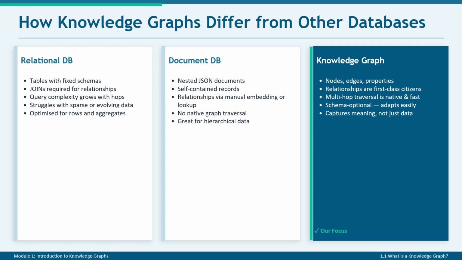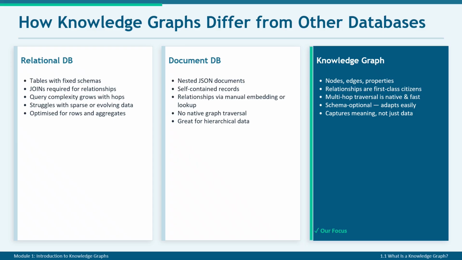Document databases, think MongoDB, solve the schema rigidity problem by using nested JSON documents. They are great for hierarchical, self-contained records, but relationships between documents are still secondary citizens. You are manually embedding foreign keys or doing application-level lookups. Knowledge graphs take a completely different approach. Relationships are first-class citizens.